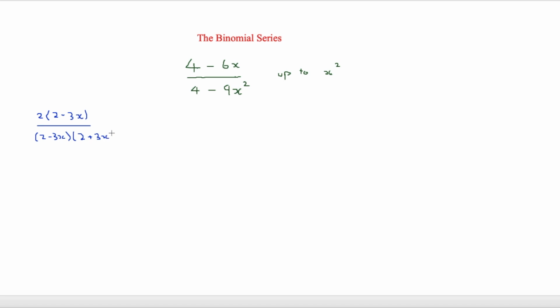Now you may be able to notice that in both the denominator and the numerator we have a 2 minus 3x. That means that they can cancel. So we end up with 2 over 2 plus 3x. And if you remember what we just did in the last question, this can be equal to 2 times 2 plus 3x to the minus 1.